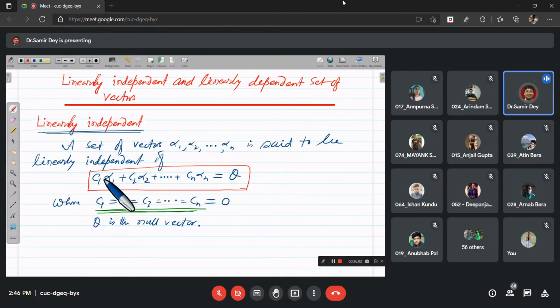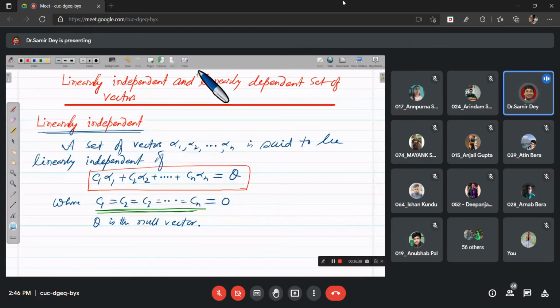First you have to rewrite the system of equations, so you create this linear combination, and the right-hand side should be equal to 0, that is, a null vector. Now you simplify this and calculate the values of C1, C2 and C3. If all C1, C2, C3 become 0, then you can say the set of vectors is linearly independent. Is it clear? Yes, sir.